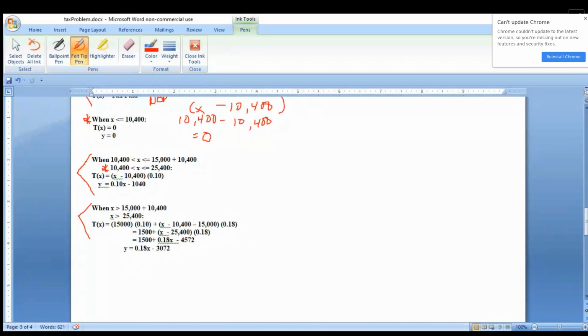So I just combined like terms here, x minus 25.4, and I combine these two. And now I'll use the distributive property. 0.18 times x is just 0.18x. 0.18 times negative 25.4 is negative 4572. Combine these two like terms, I get negative 3072. Bring down the 0.18x, and this is my equation.